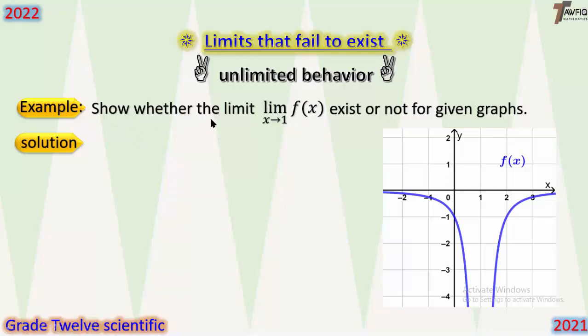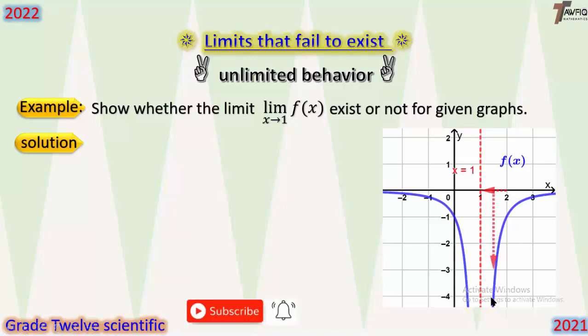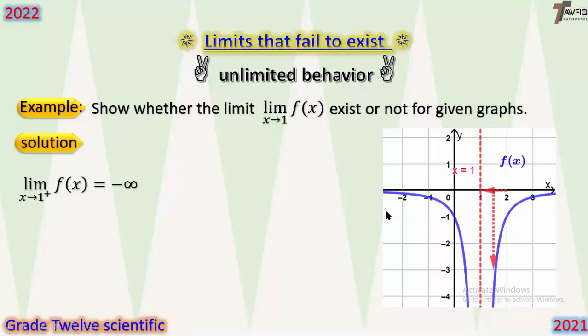Example, show whether the limit as x approaches 1 of f(x) exists or not for the given graphs. Here, when x approaches 1, you can see that the graph goes down. That means it is decreasing without bound. Therefore, the limit from the right is negative infinity. And from the left, when we approach, the function goes down too.